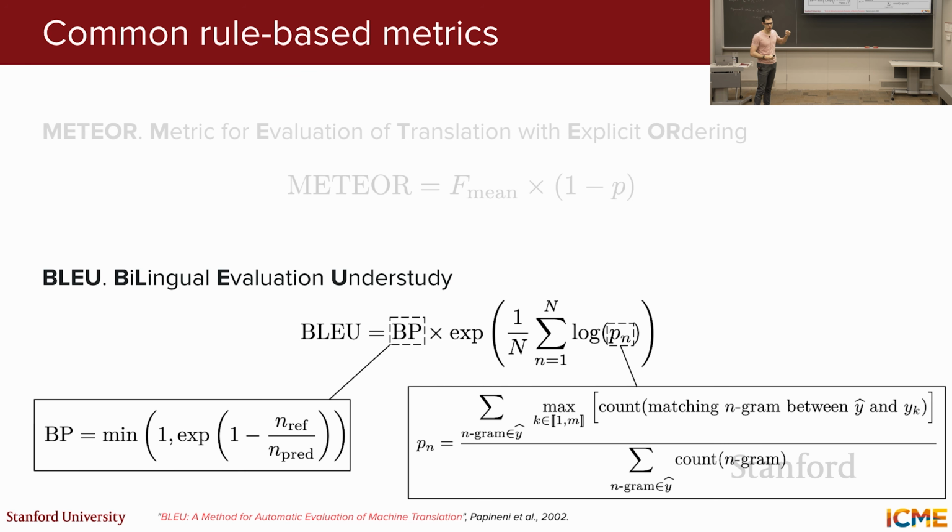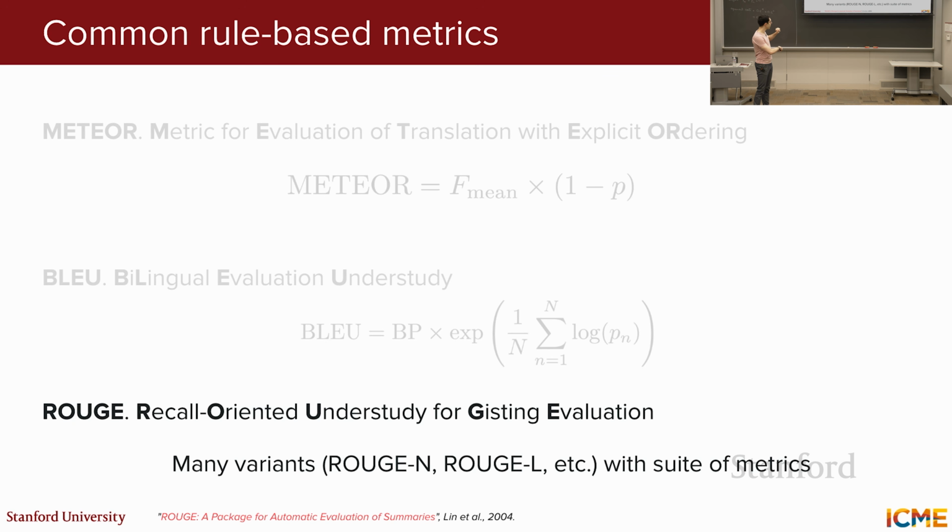We'll not go into a lot of details, but I just want to show you the kinds of metrics that are out there. So METEOR is one, BLEU is another one, and ROUGE, which you may have heard, is also another one, typically used for summarization tasks. Again, same idea, and it has a bunch of variants that you may see out there.